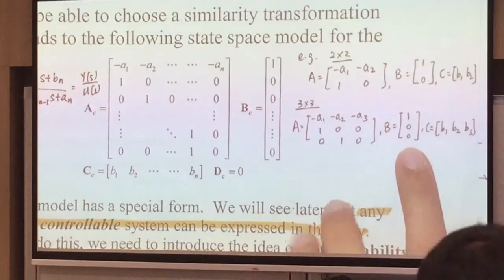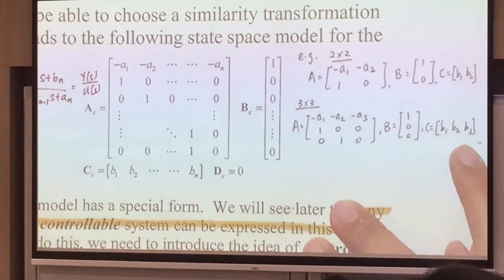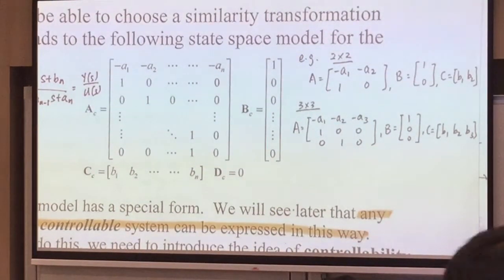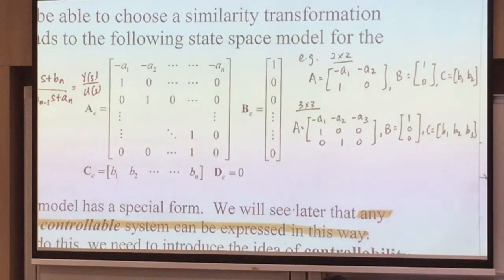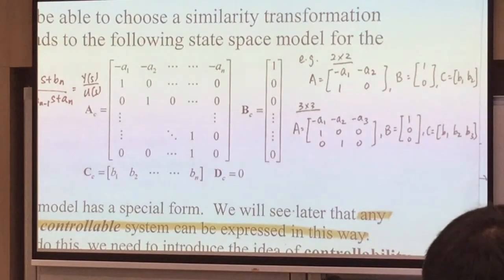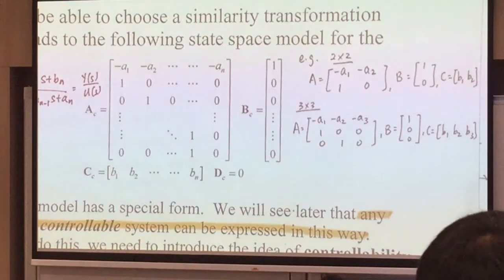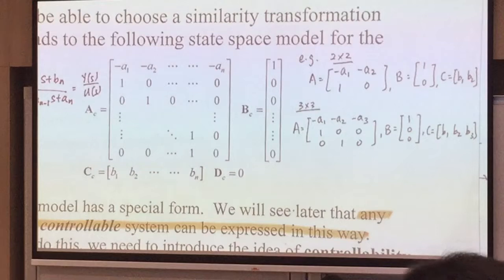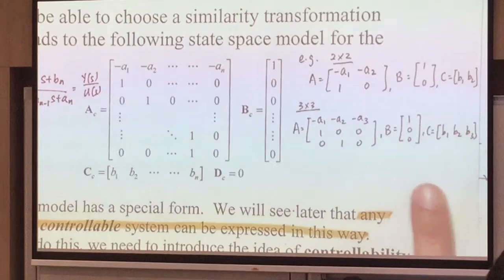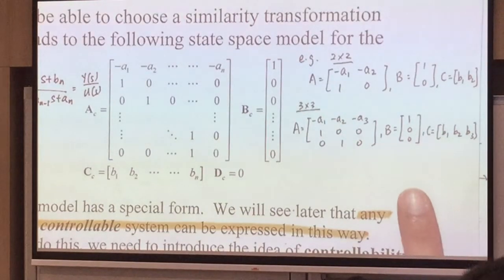B is 1, 0, 0, and C is B1, B2, B3. In the exam, you may be given a transfer function and asked to write the A, B, C of the state space model. This particular format has a name, which is called the controller canonical form.